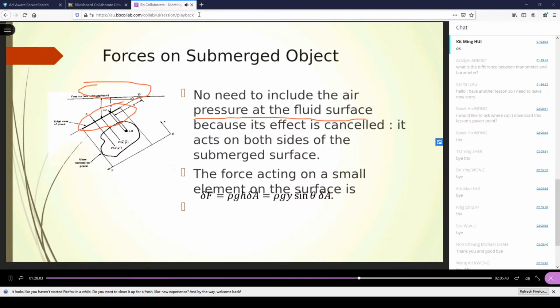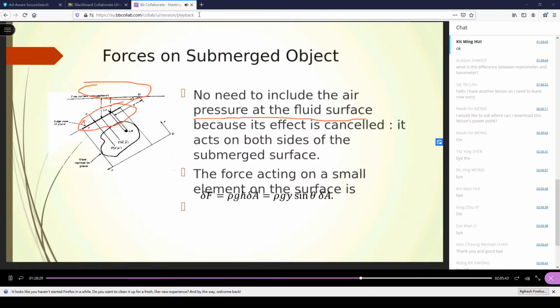The atmospheric pressure is included on both sides, so even if you include it in the calculation, it cancels out eventually. So we only deal with the gauge pressure, which is the pressure excluding the atmospheric pressure, which is a constant.